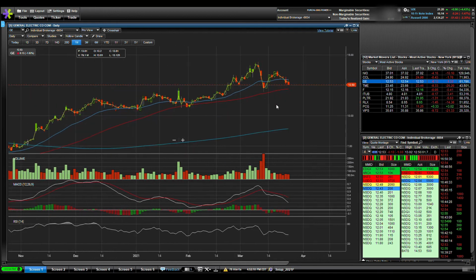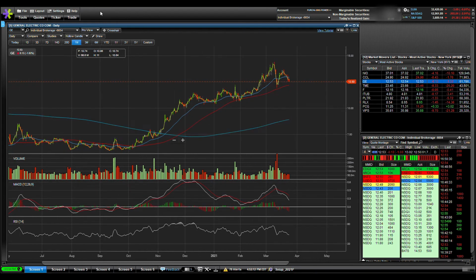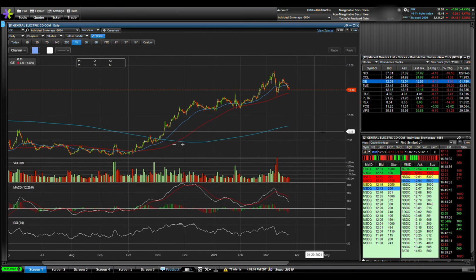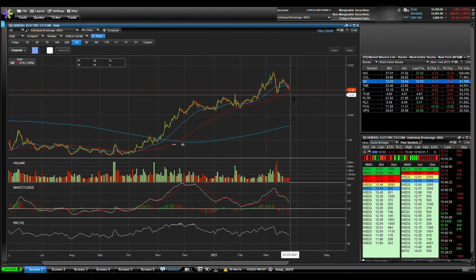We'll go to the daily, and you can see the 200 MA is right around 890, 893. But if we break through the 1130 level and we break through the 20 EMA on the weekly chart, that's why we could be headed for $9.